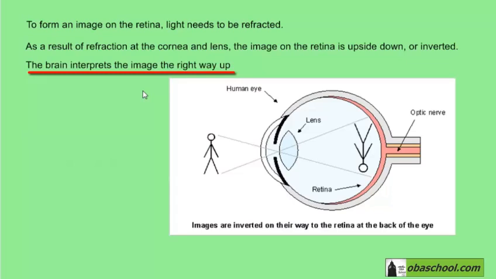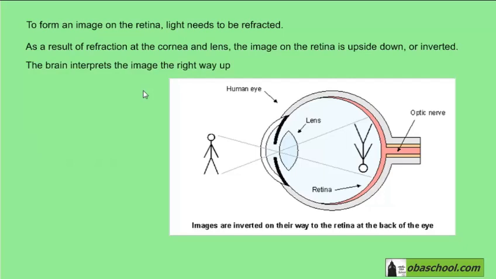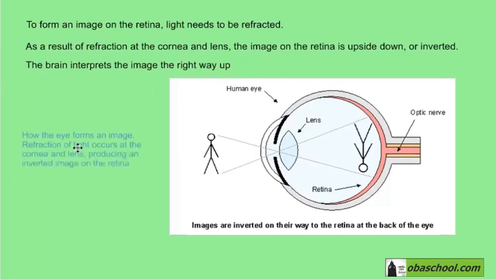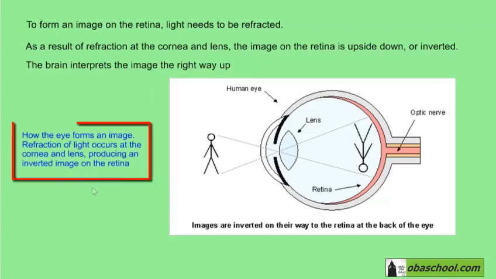So the brain is going to correct this image. And this happens in a fraction of a second. It is so fast, and that's why we see the images upright, and we never notice that they actually reached our retina as inverted. So refraction of light occurs at the cornea and the lens, producing an inverted image on the retina, which the brain will correct.